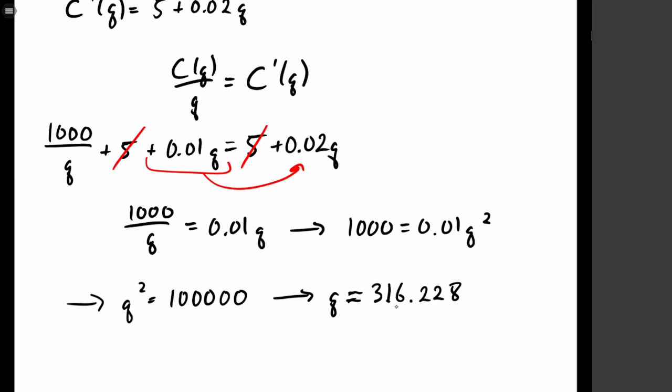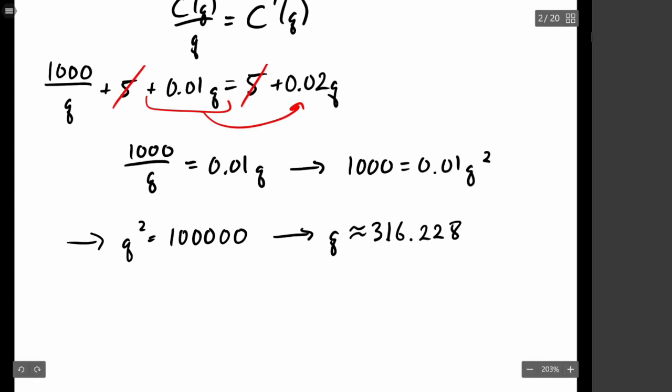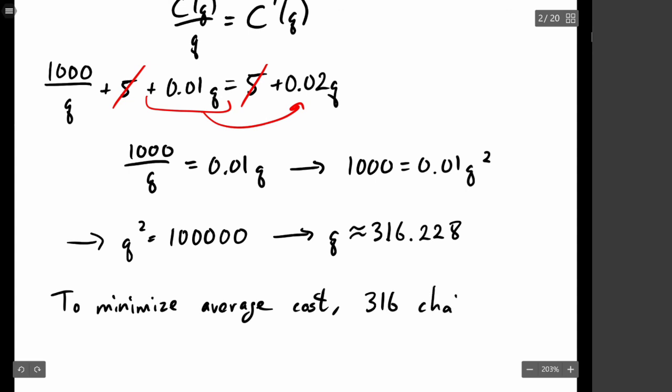Okay. Right. So how many chairs should be produced in order to minimize the average cost? Well, we can't really produce 0.228 chairs. So here, we'll just round this. So to minimize average cost, 316 chairs should be produced.